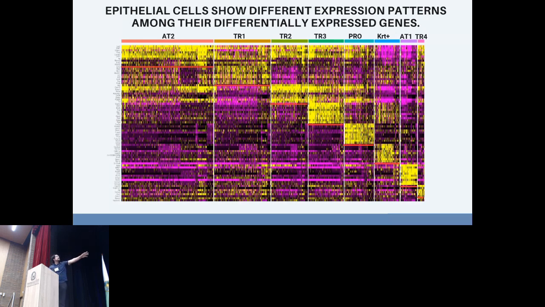But we also have these transitional states that lose the expression of these markers and start to gain the expression of other markers. We don't know much about these transitional states. There are other articles that mention them, but there's not much information about them. So we decided to label them as transitional.